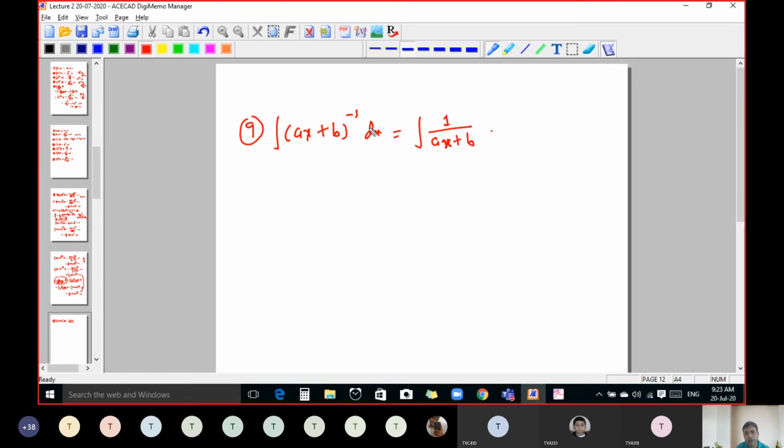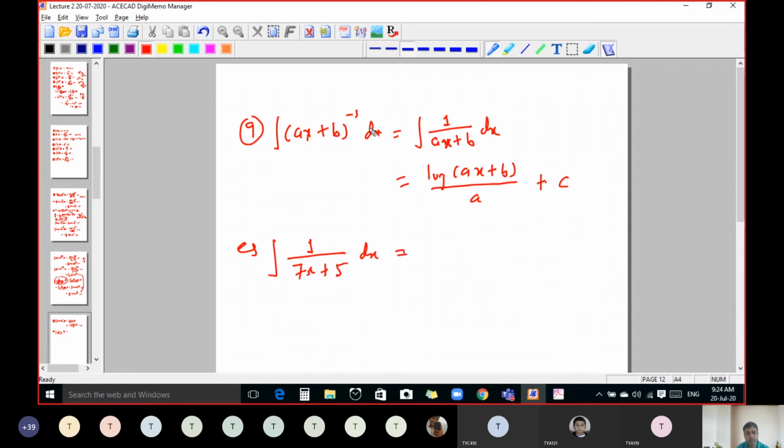So 1 divided by a linear function of x and its integration. The answer of that is log (ax plus b) divided by coefficient of x, and the coefficient of x is what? a, plus constant. Example: integration of 1 upon (7x plus 5) dx.